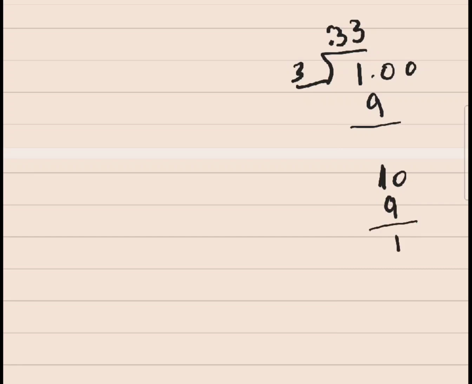And our pattern is going to start here. Subtract, add another 0 and drop it. So we have another 10. 3 3's out of 10. 3 times 3 is 9. Subtract a 1. And you're probably getting the point here. It's going to go on forever. So it's a repeating decimal. So our answer, this is one we would want to round. And if we round it to the thousandths, we have a 3 there.